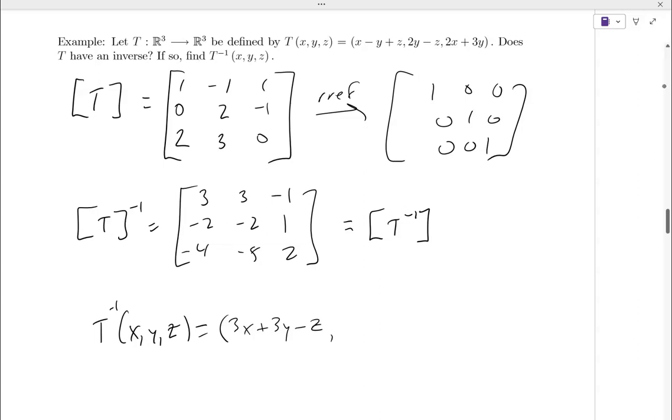What would be the second component then? Yeah, good. The negative 2x minus 2y plus z. So then the last one must be negative 4x minus 5y plus 2z.